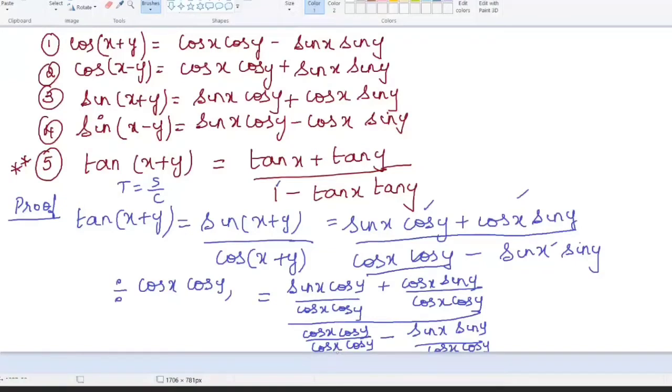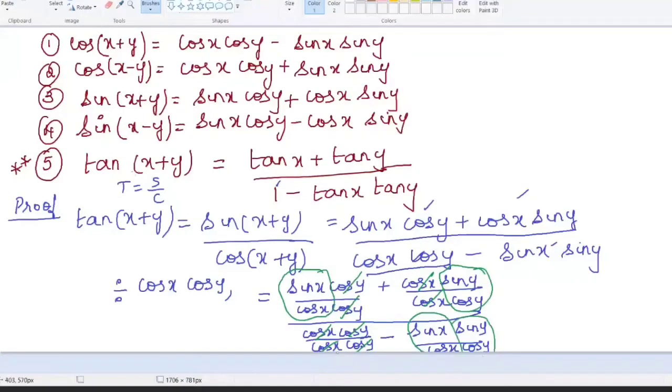Now let's see what will happen. Here cos y cancels. Here cos x cancels. Here cos x and cos y also cancel. Here nothing cancels, so let me do the grouping. Sine by cos, sine by cos. Here also sine by cos, and here also sine by cos.